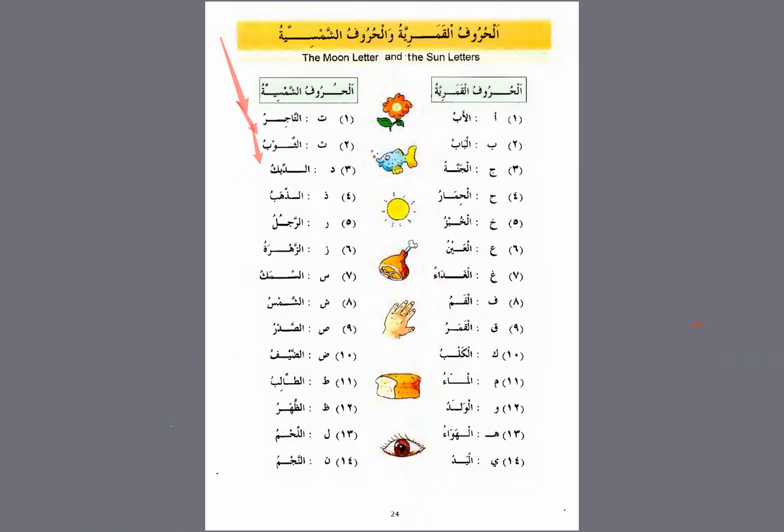I'm not sure. Okay. So ad-dayku is cockerel, we said, which is a male chicken. Thank you. Well done.